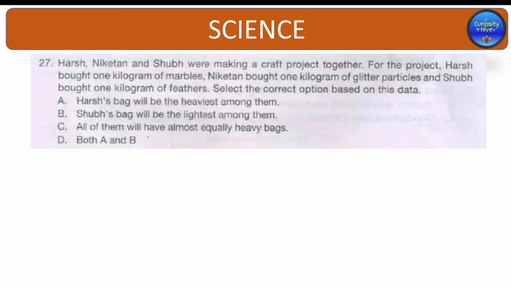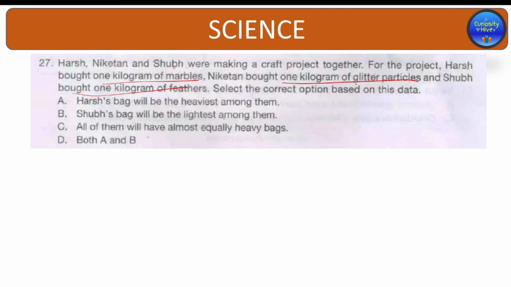Next question. Harsh, Niketan and Shubh were making a craft project together. For the project, Harsh bought 1 kilogram of marbles, Niketan bought 1 kilogram of glitter particles, and Shubh bought 1 kilogram of feathers. Select the correct option based on this data. Well, here you have to find which one is the heaviest.